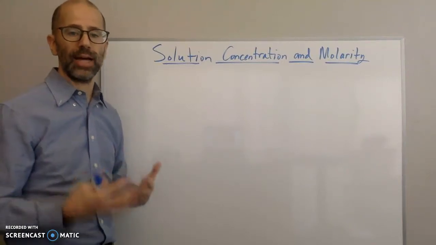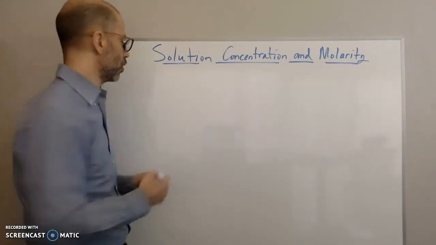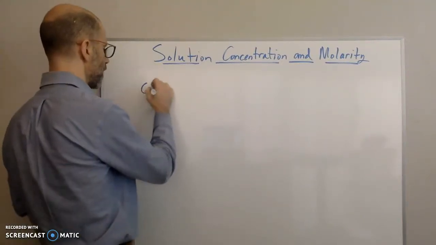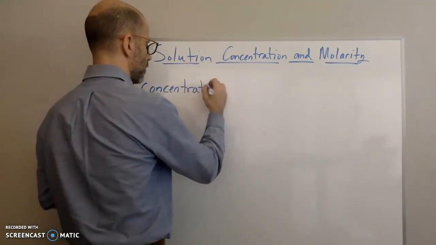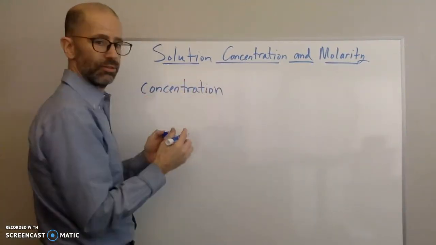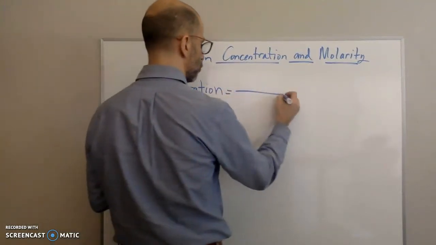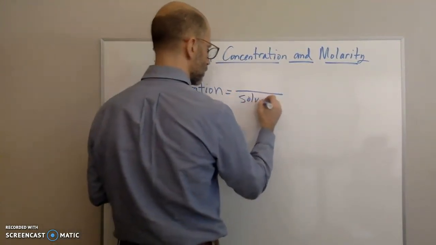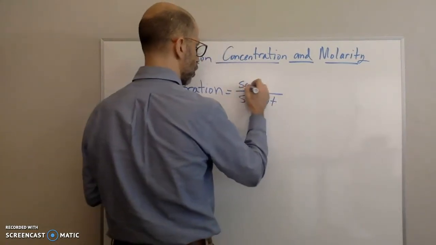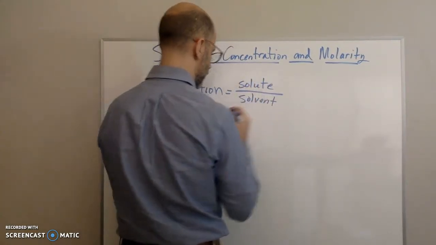So you could think of it as a ratio. So if we think about concentration, the concentration of something is going to be equal to the ratio of solute to solvent. So solvent on the bottom, solute on the top.